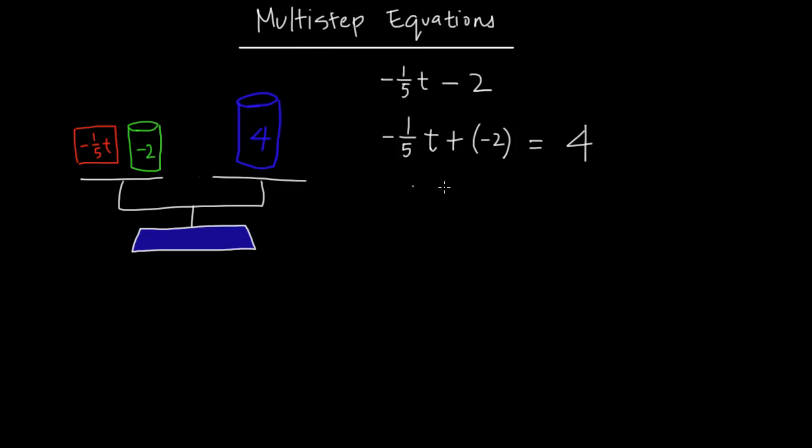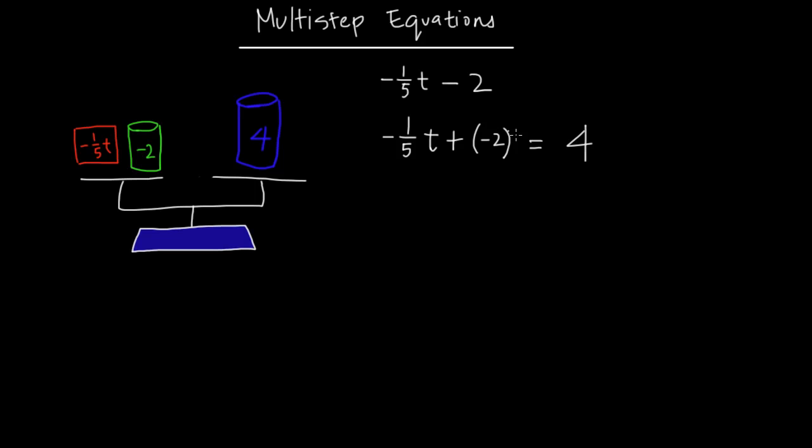Now, in the last example, we actually subtracted a number from both sides, because essentially what we're trying to do is move this entire quantity away. We wanted to do something to both sides of this equation that would keep the scale equal. In this case, if we subtract negative 2 on both sides, it would merely add more weight to both sides.